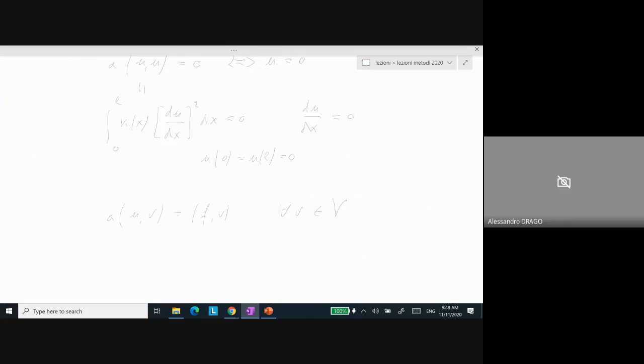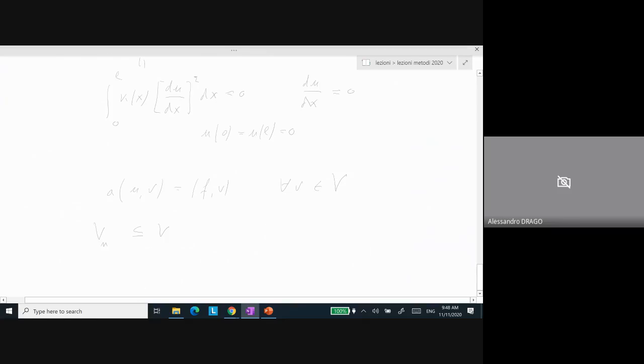So now what I am claiming is that if I consider a subspace Vn, so Vn is a subspace of V, and if I take a generic vn vector inside the subspace Vn, then I can write the following equation.